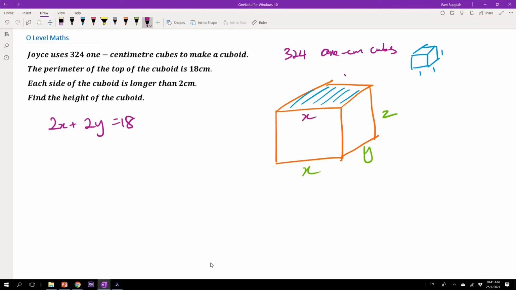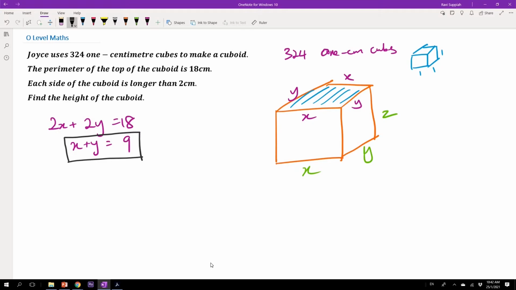Because here you have x and y. So factorizing out the 2, you have x plus y equals 9. That is the expression that relates the two parameters x and y.